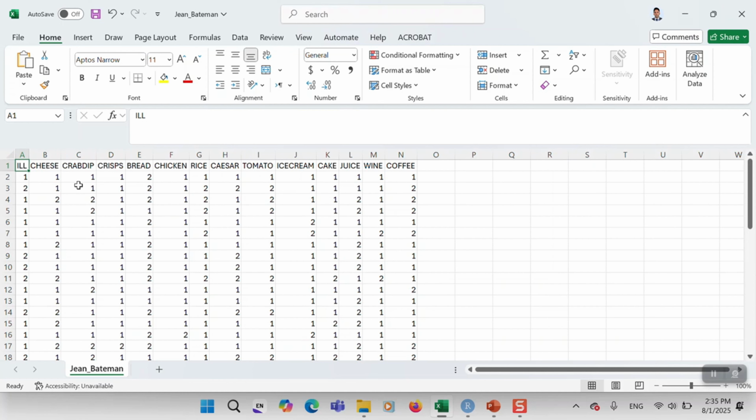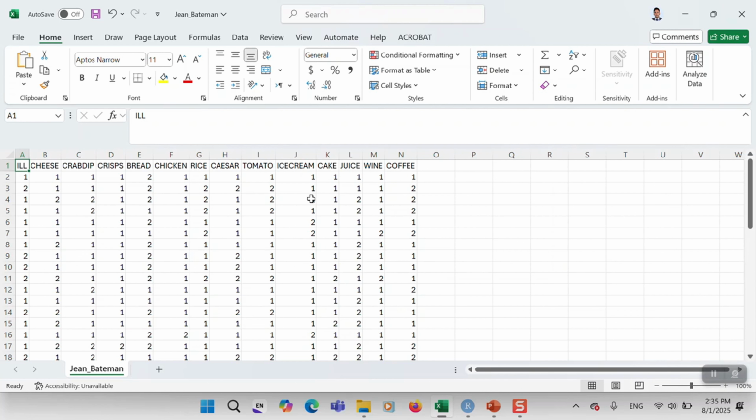The variables include items like cheese, crab dip, crisp, bread, chicken, rice, Caesar salad, tomato salad, ice cream, and so on. All variables have been coded as 1, which means yes, they were exposed or they developed illness, or 2 or no, which means that they were not exposed or they did not develop illness.